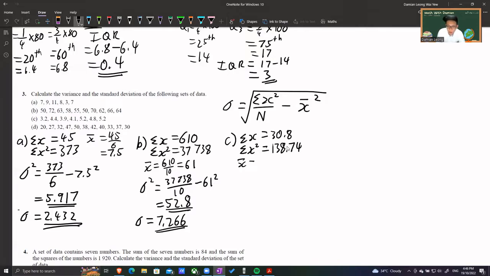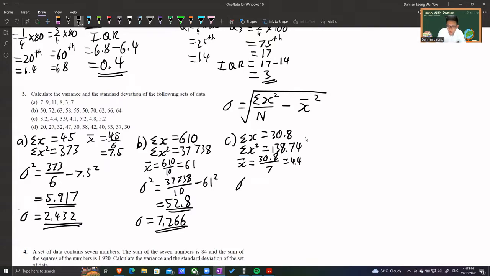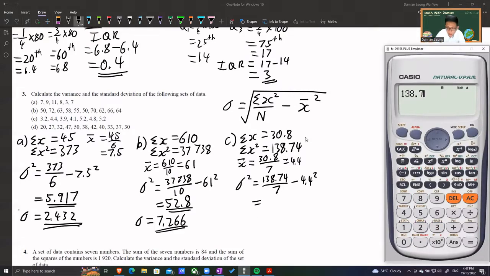And the mean, 30.8 divided by, there are 7 values here. 30.8 divided 7, 4.4. So variance: 138.74, sum of x squared, divided by number of values 7, minus mean 4.4 square. 138.74 divide 7 minus 4.4 square.